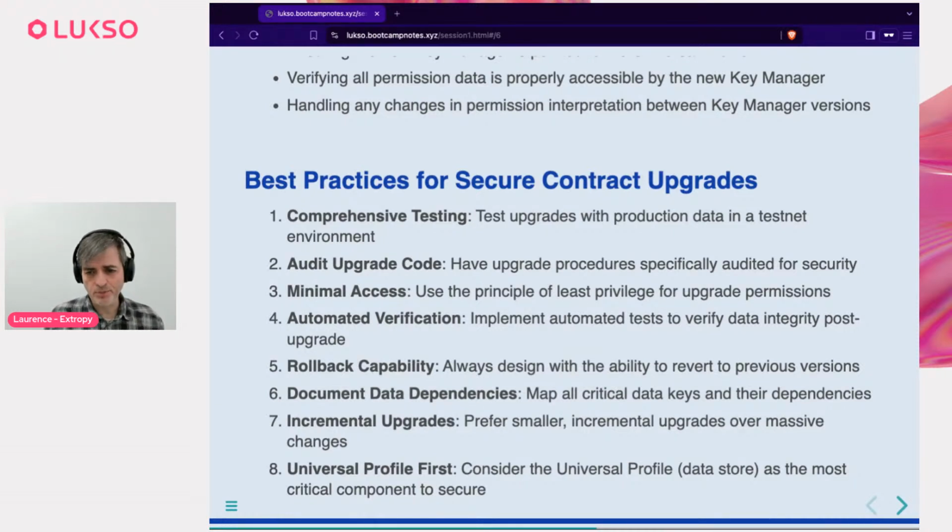So other best practices generally: testing. This is something that people perhaps might not think about when you are initially creating your contracts or building your system. You'll be thinking very much about the testing of the code as it is, and maybe you'll think, well, yes, we're going to upgrade later. But what you need to think about then is, are we sure that we will be able to do that upgrade process correctly?